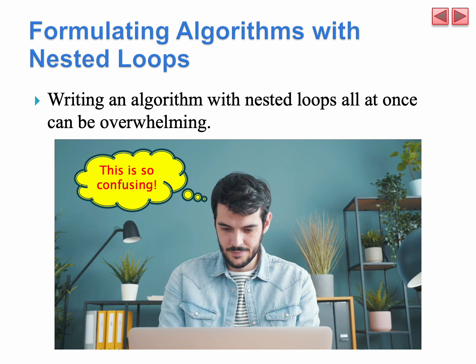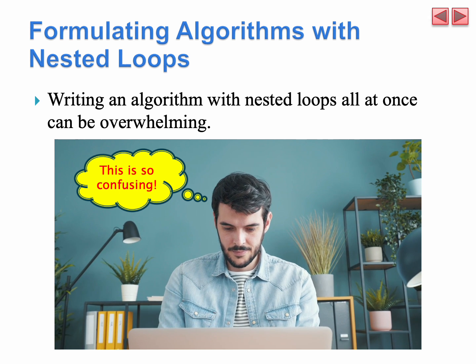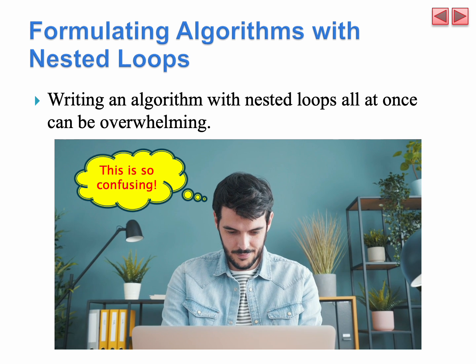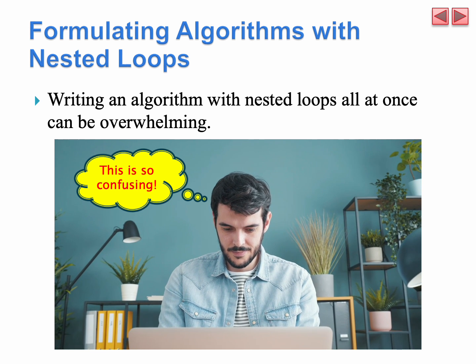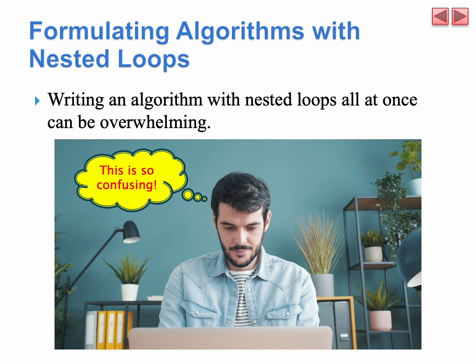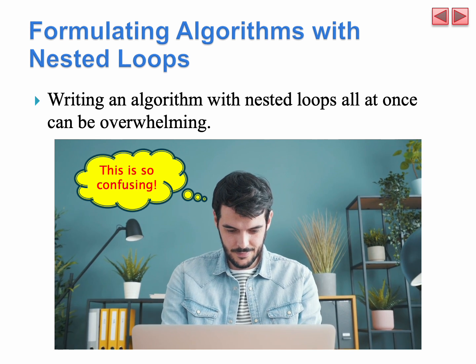When it comes to writing a program that would require nested loops, a lot of students feel overwhelmed and confused because either they didn't write an algorithm before coding or they try to write an algorithm with nested loops all at once, and that can be overwhelming.